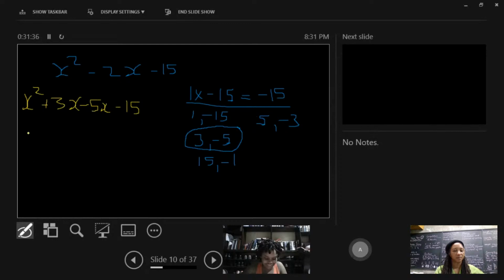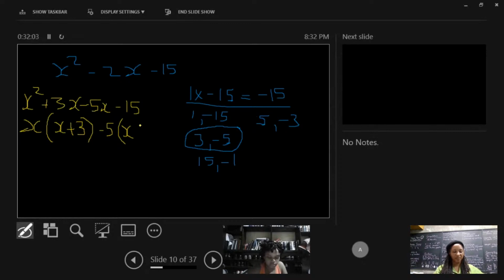Then x is common in that. x into x squared goes x times, and x into 3x goes 3 times. Negative 5 is common. Negative 5 into negative 5x goes x times, and negative 5 into negative 15 goes 3 times.